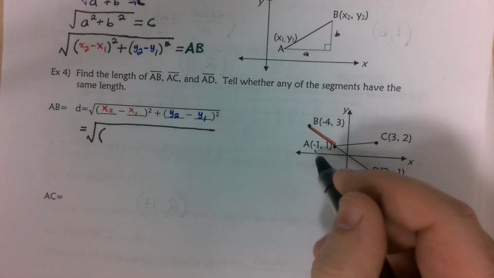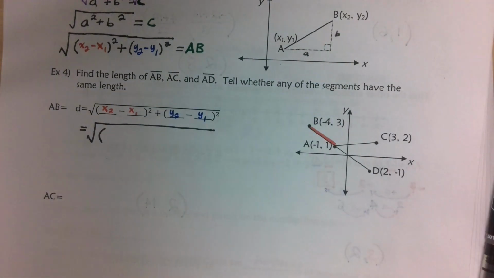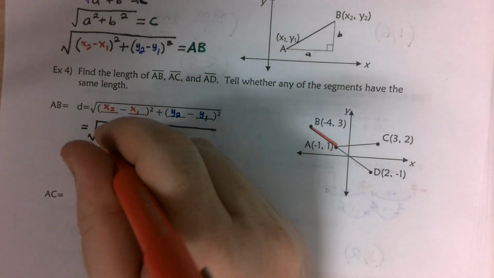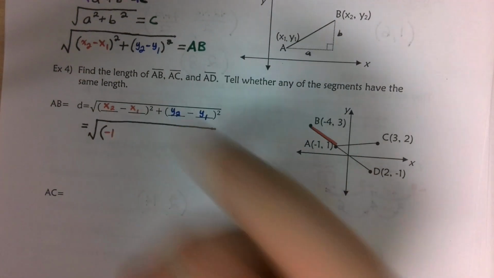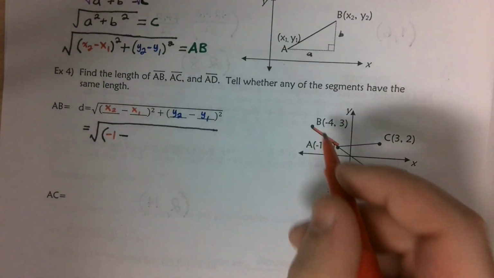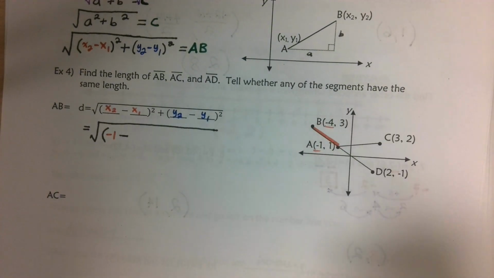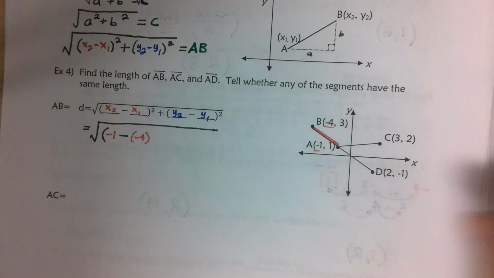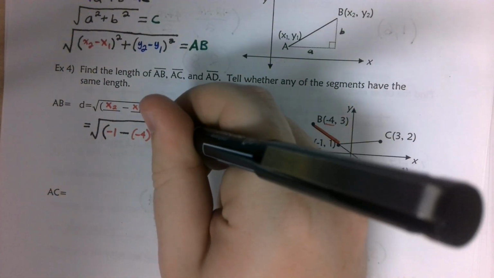The first x value I see is negative 1, so I'm going to call that x2. It doesn't really matter which one is x2 and x1. The second x value I see is negative 4. So negative 1 minus negative 4 squared.